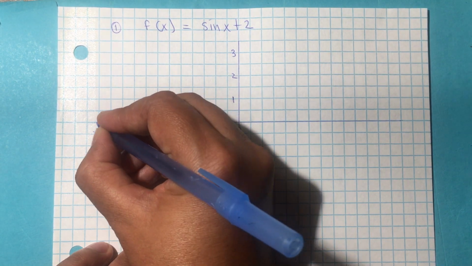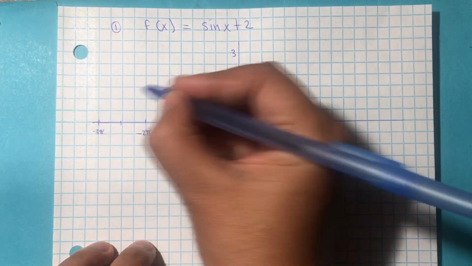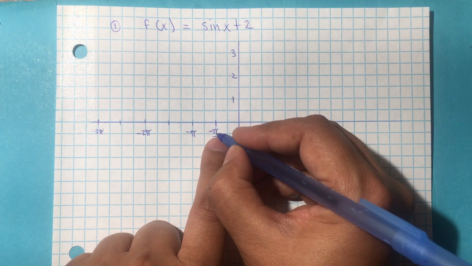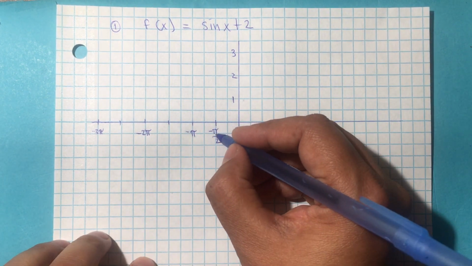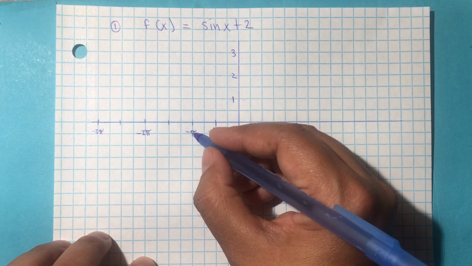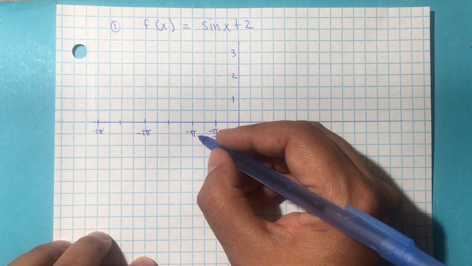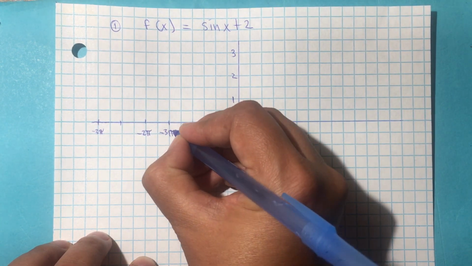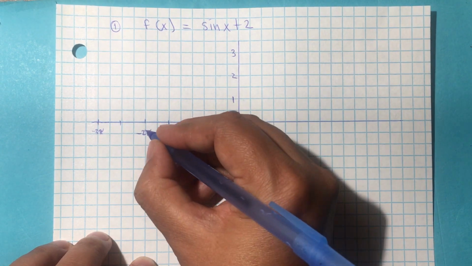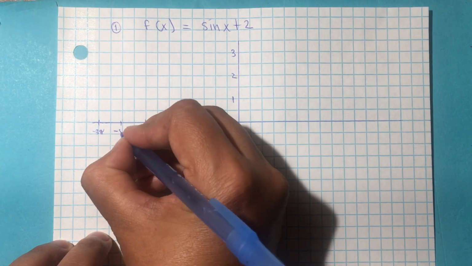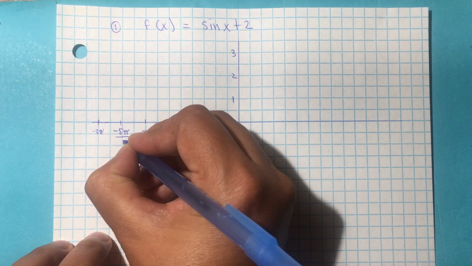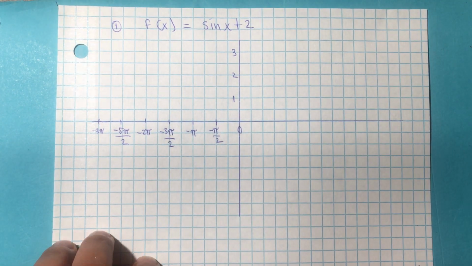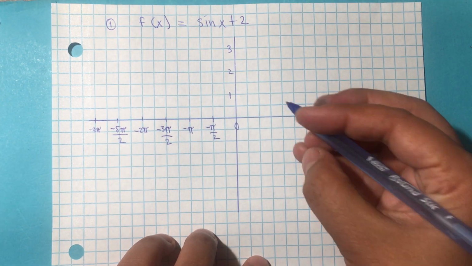That's the easy way to get to those values. And then from here, these are going to be halves. So it's 1/2. This will be 2 halves, which is 2 divided by 2 is a whole. And so this will be negative 3 pi over 2, 4, 5, but negative pi over 2. That's easier to just get to those values.